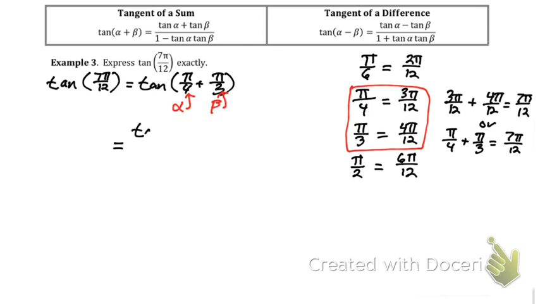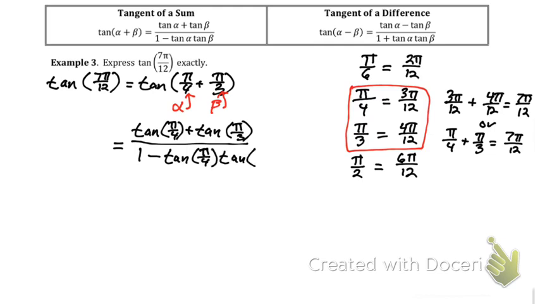So we're going to have tangent of the first angle, which is pi over 4, plus tangent of the second angle, which is pi over 3, all over, if I have plus on top, I'll use minus on bottom, and that'll be tangent alpha times tangent beta. So it'll be tangent of our first angle, pi over 4, times tangent of my second angle, which is pi over 3.